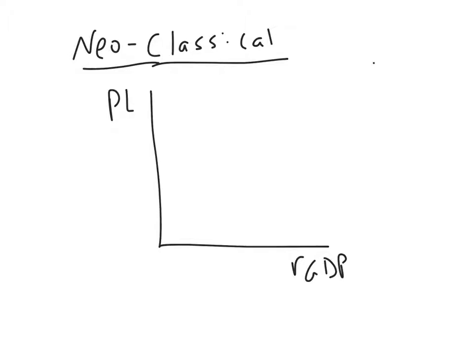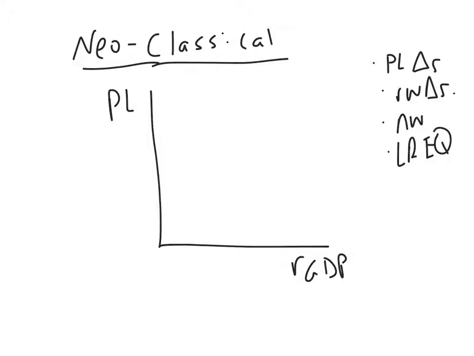And the way that it fixes itself is when the price level changes, that's going to affect real wages, and thus nominal wages adjust relatively quickly, or at least adjust in the long run, so that long run equilibrium can be reached without government intervention. So the neoclassical model simply looks at this vertical LRAS at our potential output.